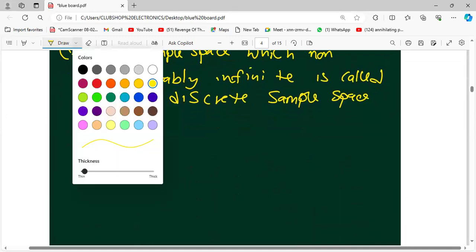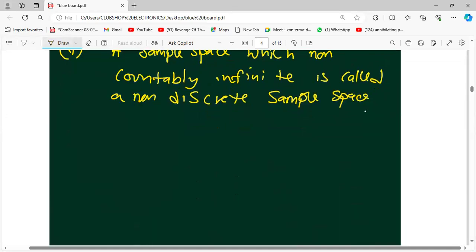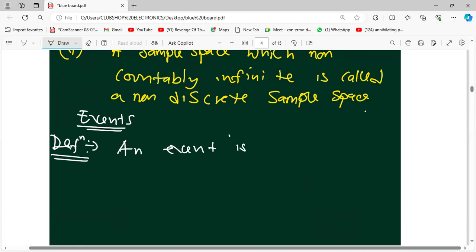Next, we need to define what an event is. Now, by definition, an event is actually a subset of a sample space. An event is a subset of a sample space.